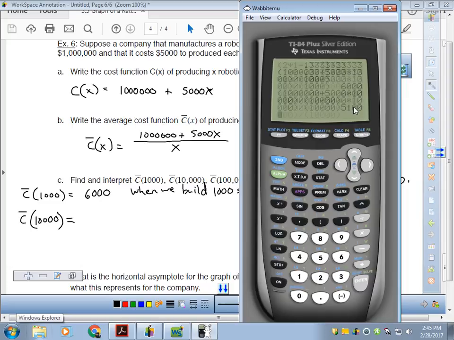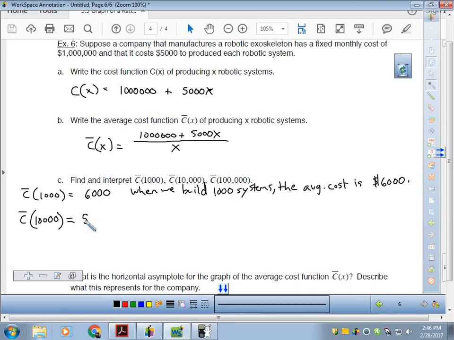So we get 5,100. So when we interpret that, we say when we build 10,000 systems, the average cost is 5,100.